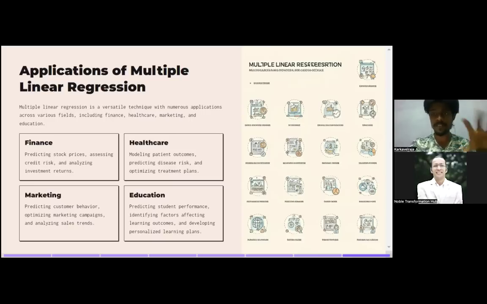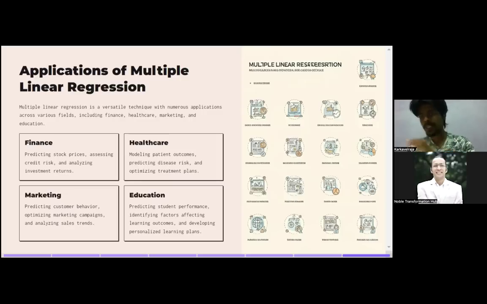These are the different applications we have for the healthcare domain. Marketing: predicting consumer behavior, optimizing marketing campaigns, and analyzing sales trends. These are some of the applications related to the marketing domain. Education: predicting students' performance, identifying factors affecting learning outcomes, and developing personalized learning plans, which are the applications we have in the education field.